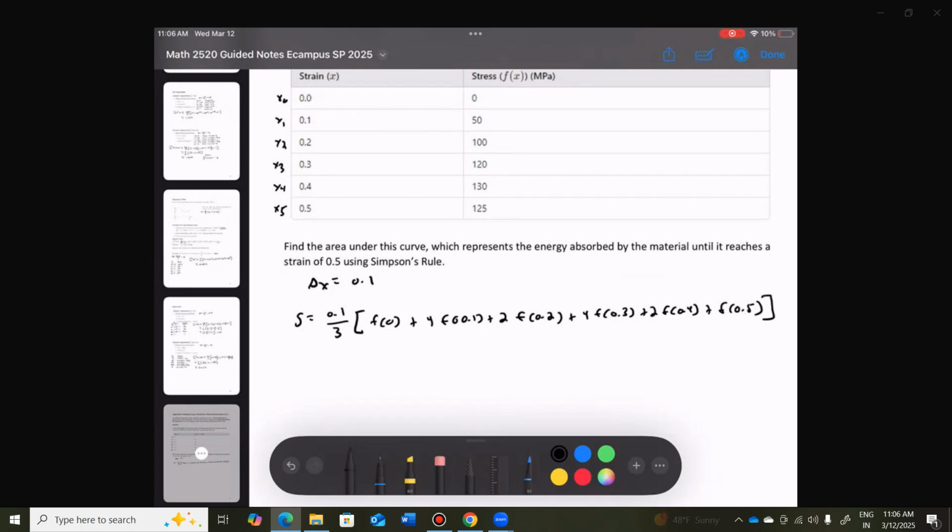All right, and we know most of these values. They're in our table. So we get 0.1 over 3, f of 0 is 0, plus 4 times f of 0.1 is 50, plus 2 times 100, plus 4 times 120, plus 2 times 130, plus 125.